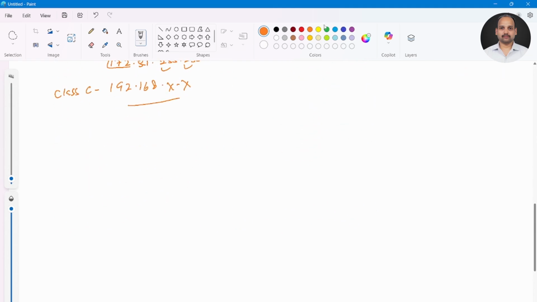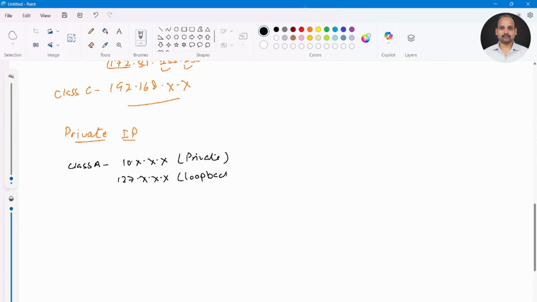So if I summarize the private ranges: from class A, one range is 10.x.x.x, this is the private. 127.x.x.x is the loopback address.